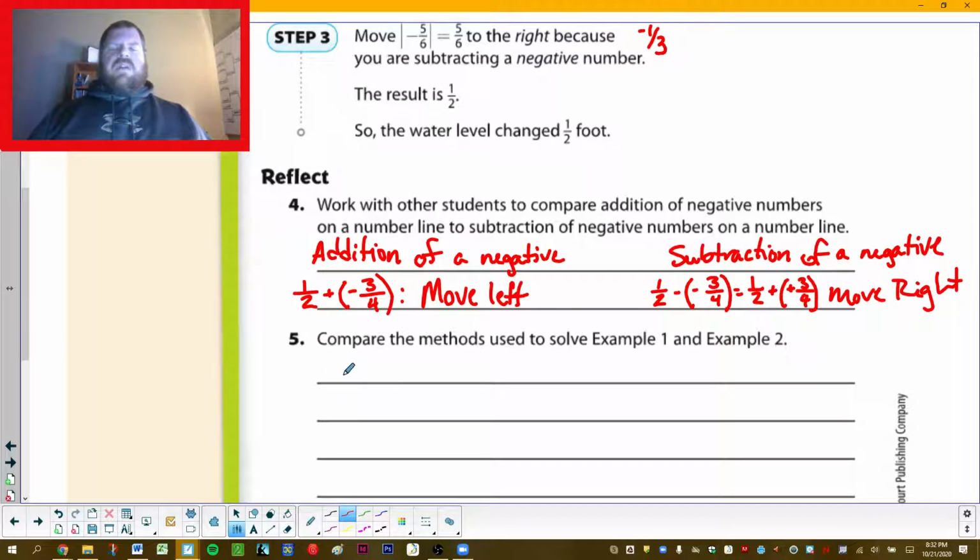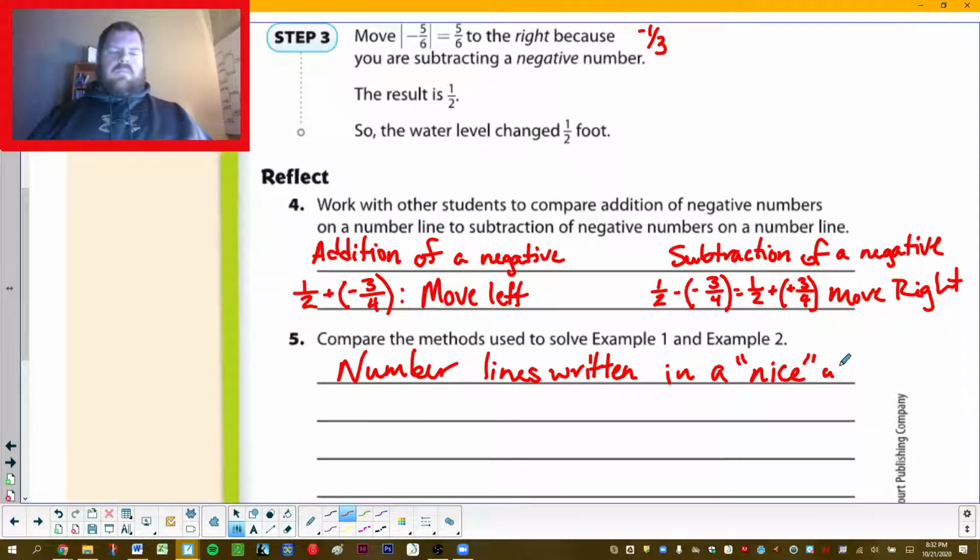But other things about the methods, number lines that are written in a nice way are helpful.